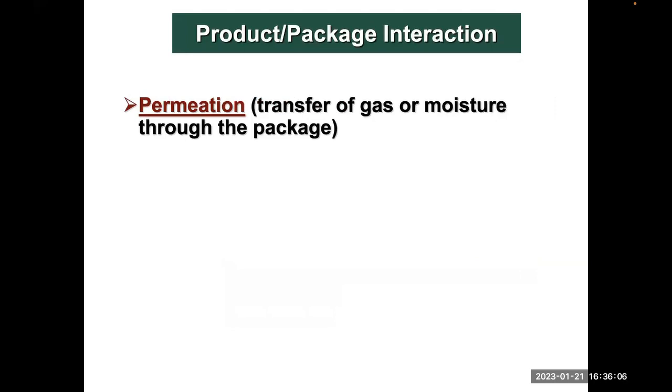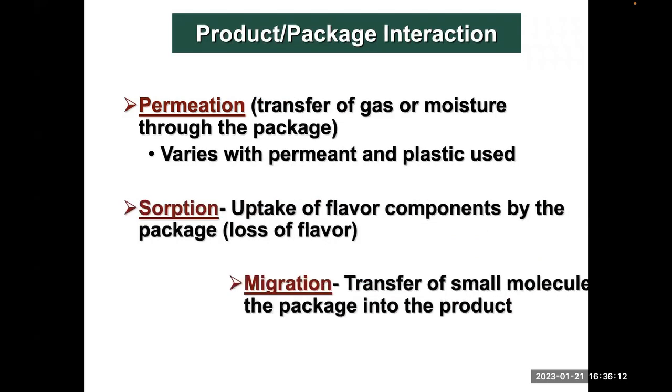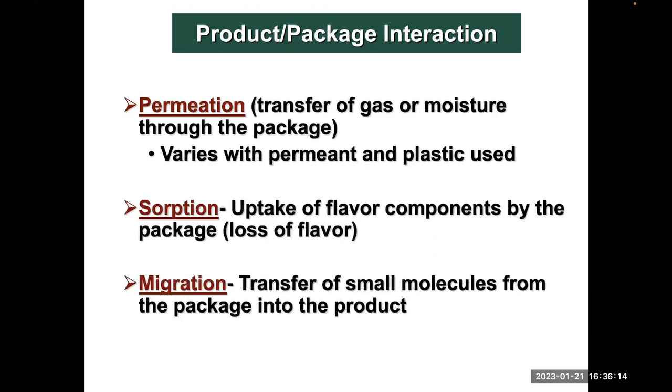When we talk about product package interaction, we can primarily divide it into three categories. You have permeation or transmission happening, right? You have sorption and you have migration. So what is the difference between these three: permeation, sorption, and migration?